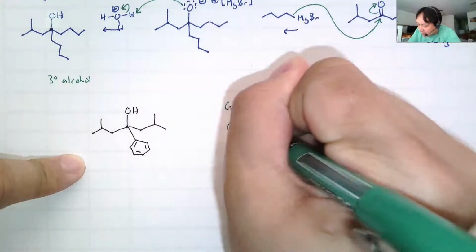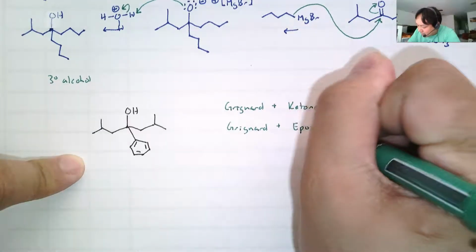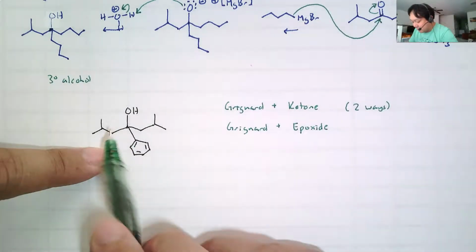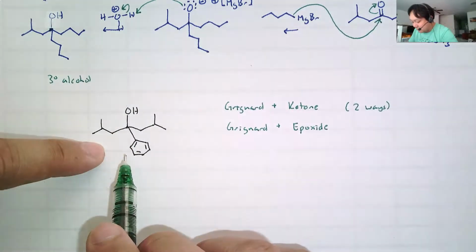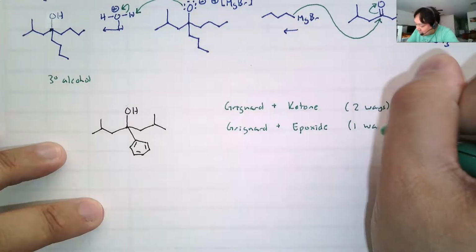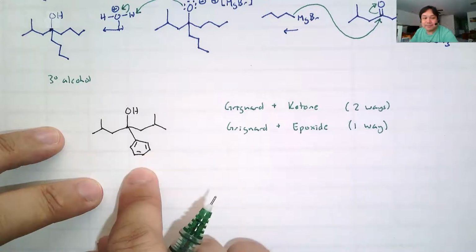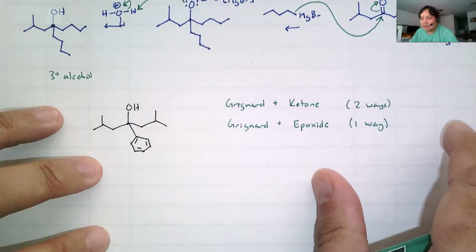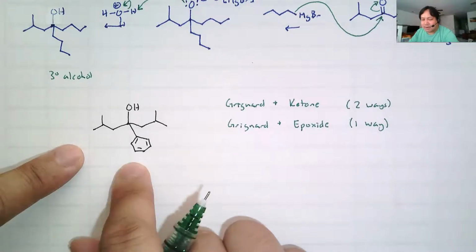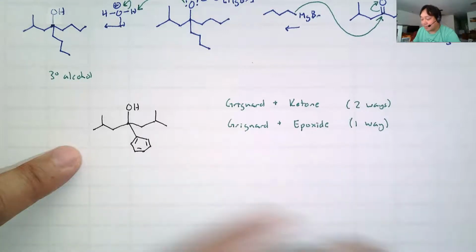And that's a little bit harder to analyze in my head. Let me double check. There's one way. There's one combination of Grignard plus epoxide that will give this molecule. If you come up with a second way, let me know. But I think there's only one way.